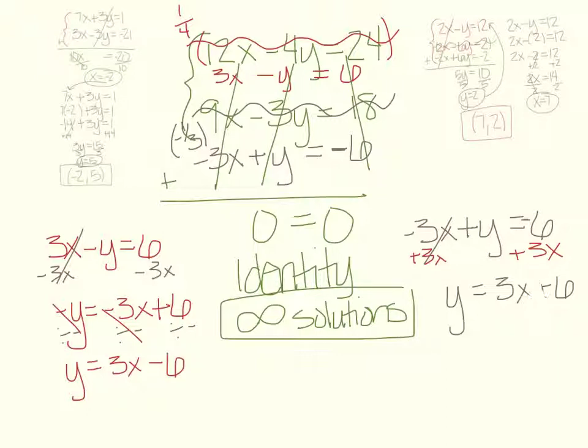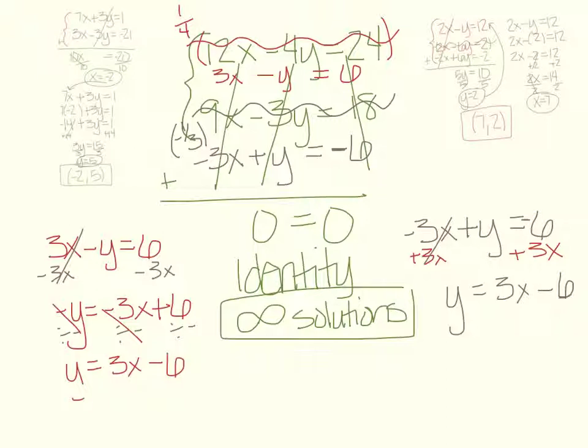So this would actually be minus 6. There we go. So we have y equals 3x minus 6 here and here. So yes, we have the exact same line.